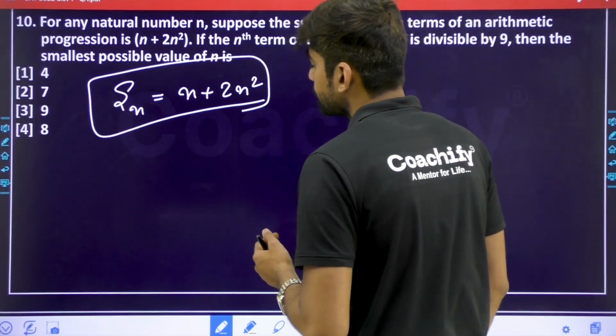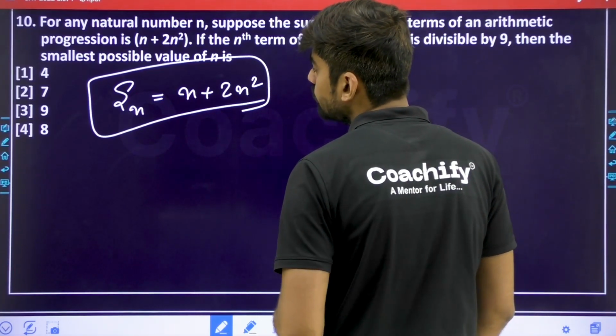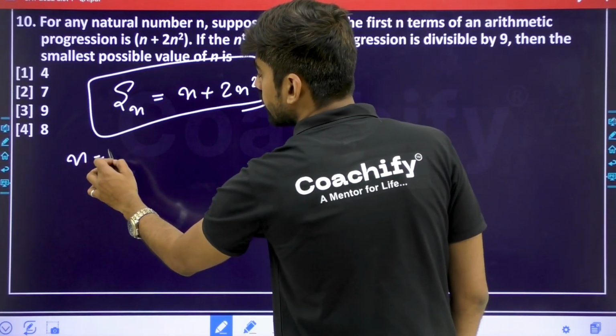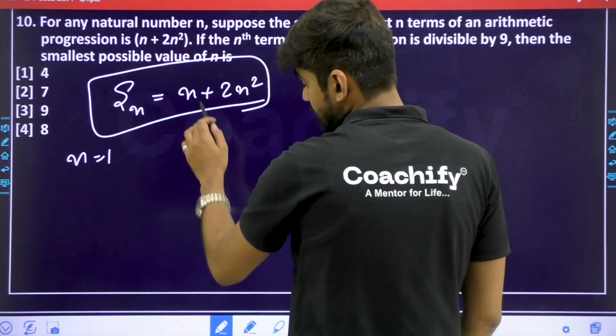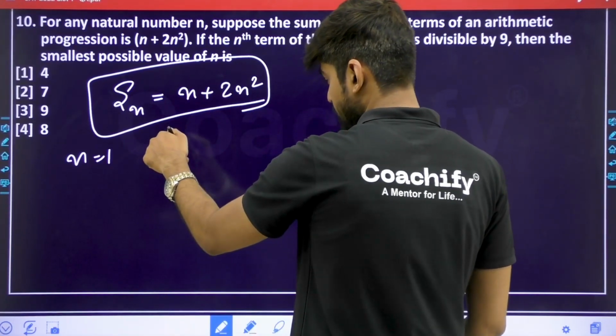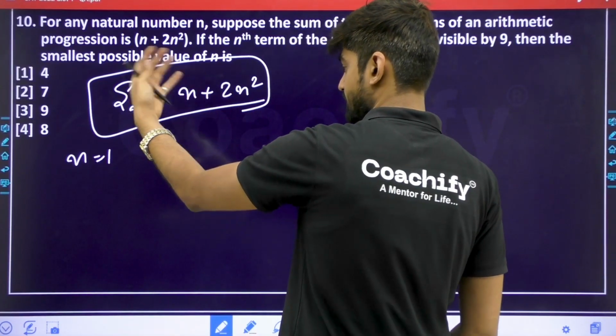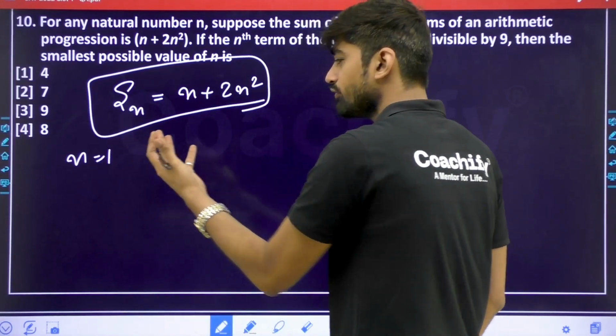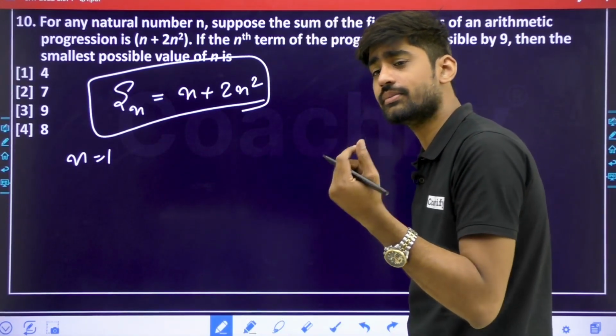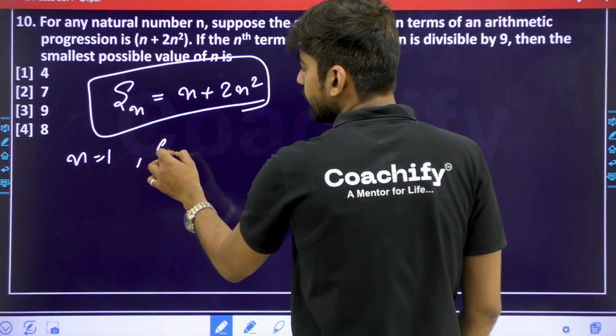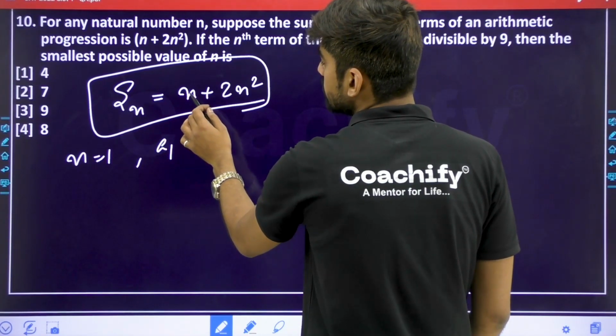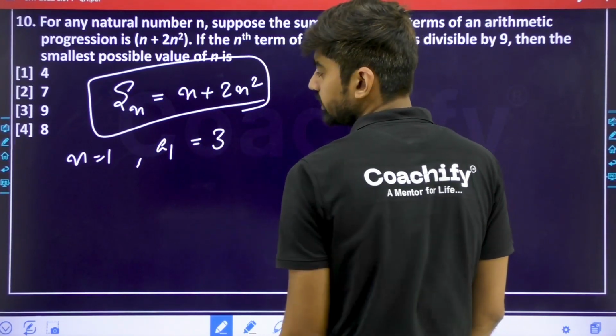So guys, if I take the value of n equal to 1 and put it in this expression, it will give me my first term, because the sum of one term is nothing but that term itself. So I can find my first term, which comes out as 1 plus 2, that is 3.